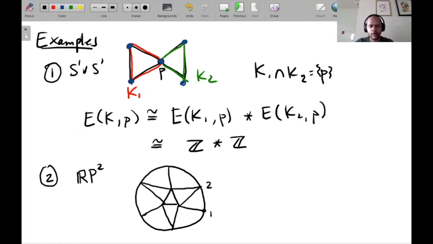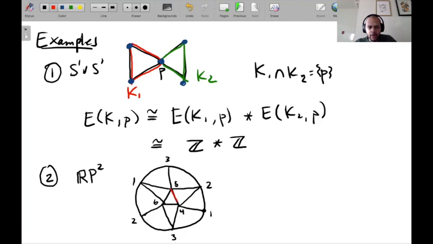Okay, so have these vertices. And okay, so this is K, and now I'm going to pick K1 and K2.